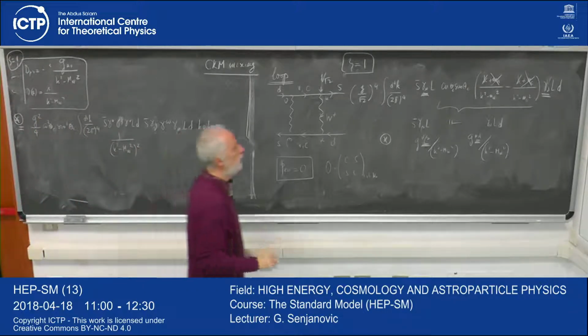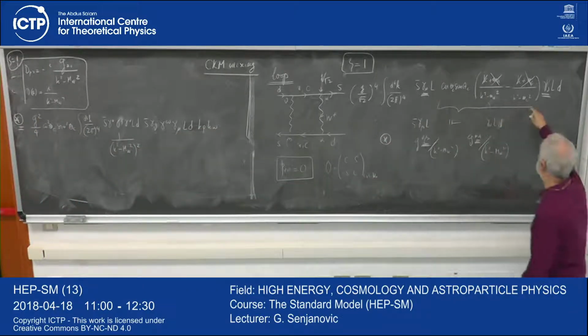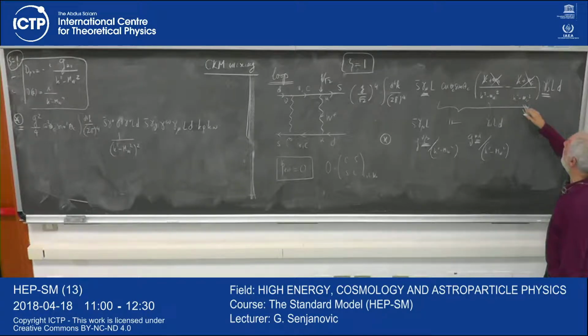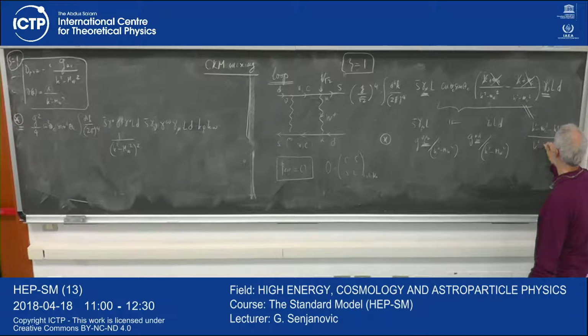And then I have this strange thing, which is k squared minus M_c squared minus k squared, divided by k squared times (k squared minus M_c squared), everything squared. I'm going to take mu equal to 0.